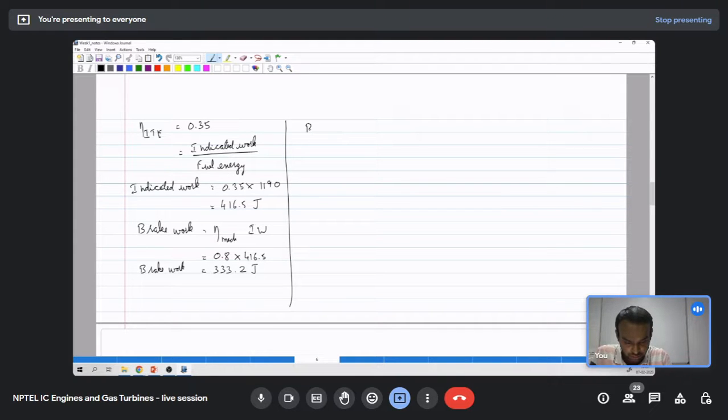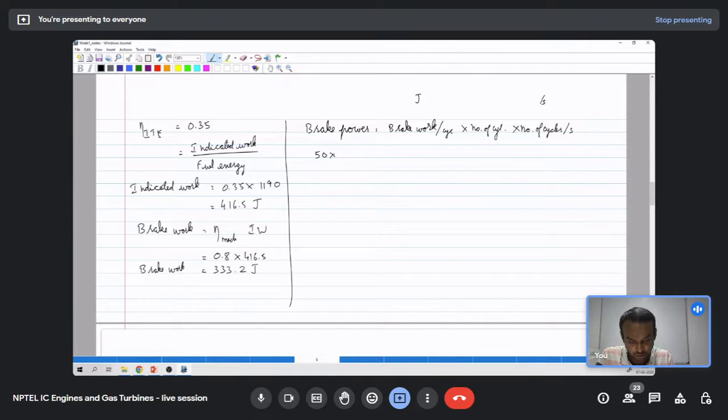So brake power is equal to brake work per cylinder into number of cylinders into number of cycles per second. So this is in terms of joules, and this is in terms of per second. So we will get joules per second.